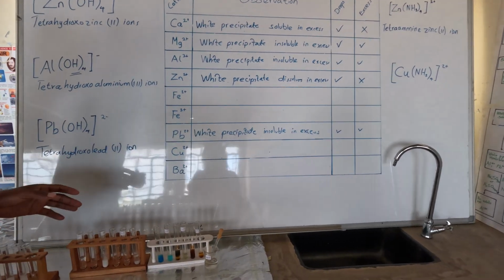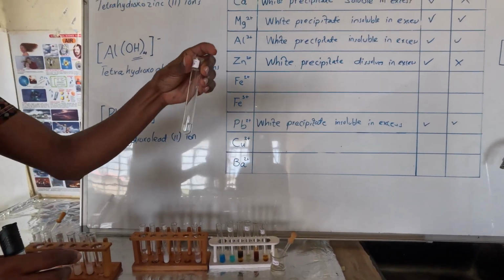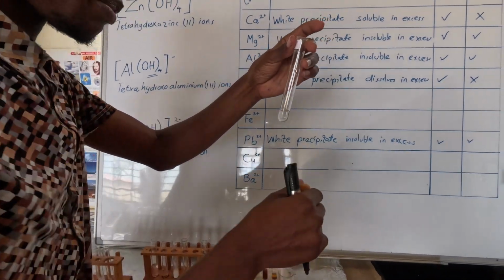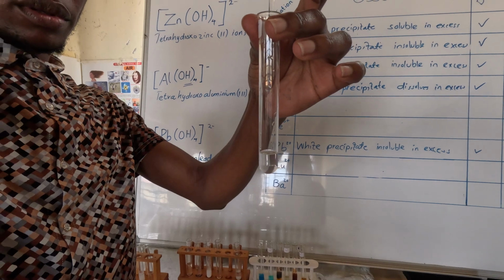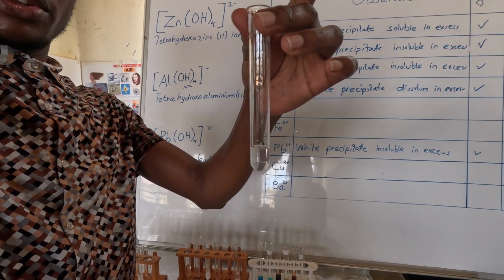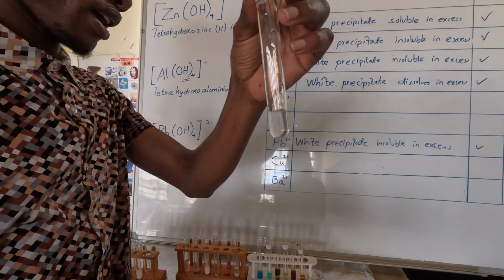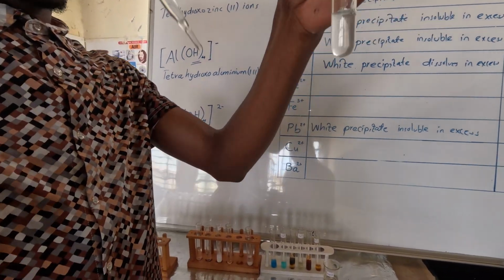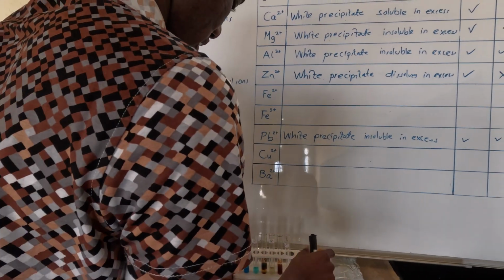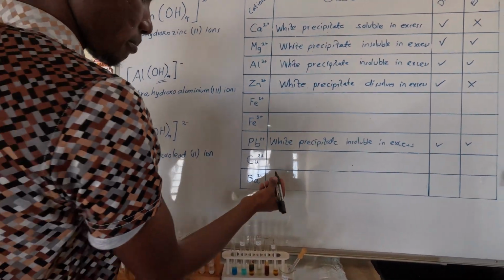And then we go to barium. Now what will happen to barium? We're adding a few drops of ammonia. No white precipitate. In excess, no white precipitate for the case of barium.